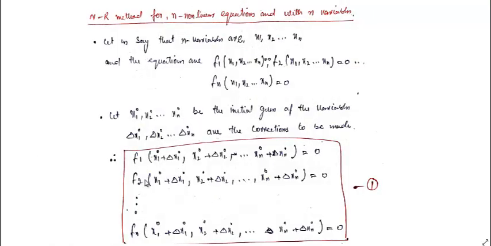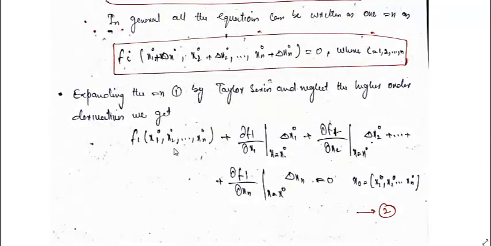So f1 can be expanded like this: f1 of x1 naught, x2 naught up to xn naught, plus delta f1 by delta x1 calculated at x naught, delta x1 naught, plus delta f1 by delta x2, again calculated at x naught, delta x2 naught, plus up to delta f1 by delta xn calculated at x naught, delta xn naught.